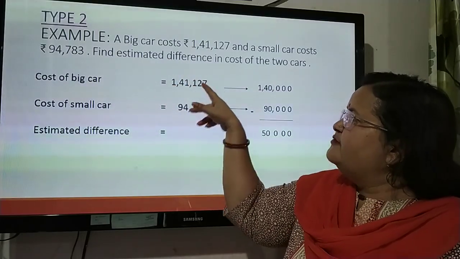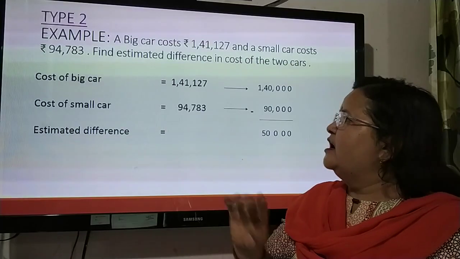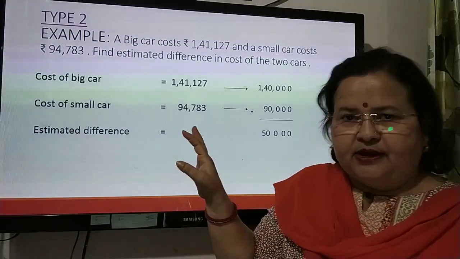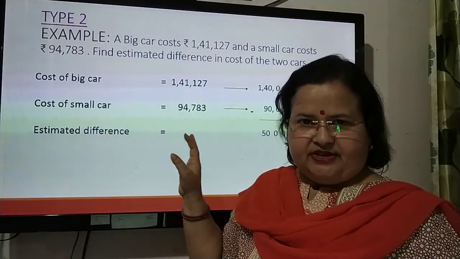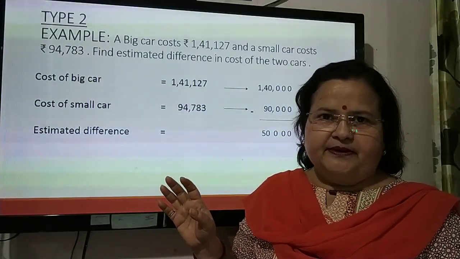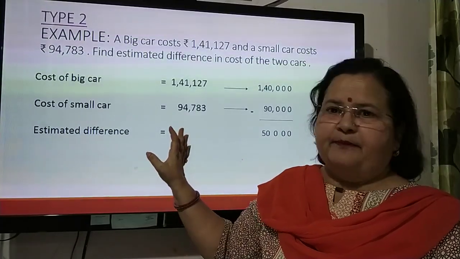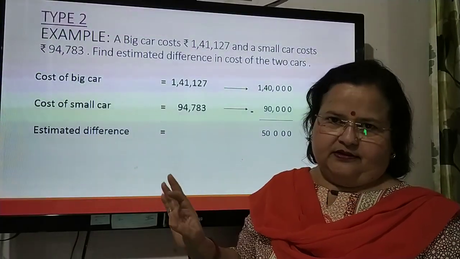And then we round off both the numbers at the same place value. That will help you in doing the exercise of this chapter, wherein you will get various different types of word problems based on estimation.